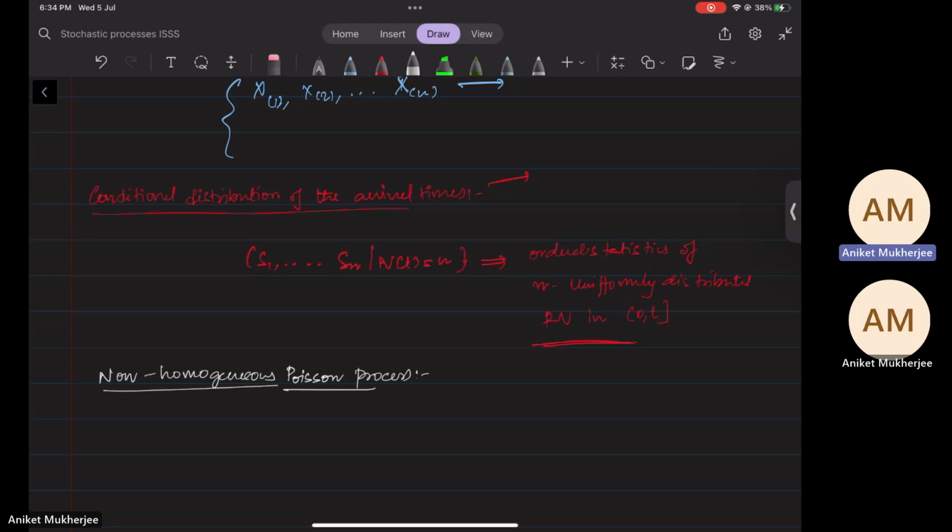But that is not close to reality, because in reality the expected number of events that happen is actually time dependent. Suppose you're counting the number of traffic that passes through a cross junction or some bridge. There you see that if it is night time, then the mean would be very low, and if it is morning, you'll have a high amount of traffic that you would expect.